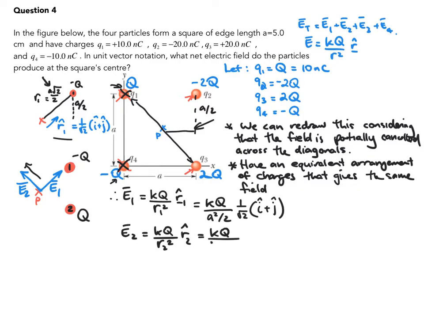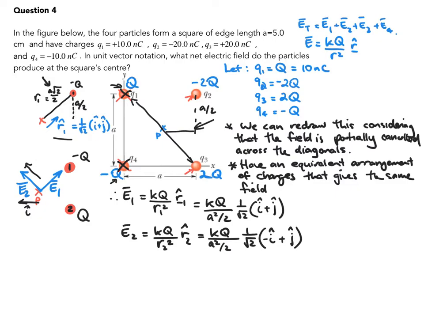Again, that distance is going to be A squared on 2 once we square it. The unit vector for this one is going to be 1 on root 2, but we're going to have a minus I direction here. So we get minus I, and we still get a positive J for the direction of the electric field.